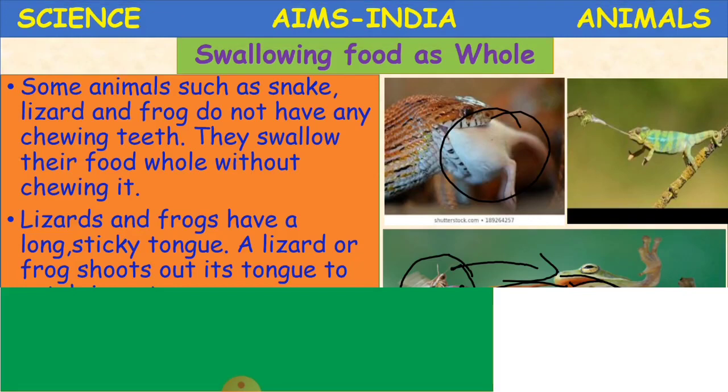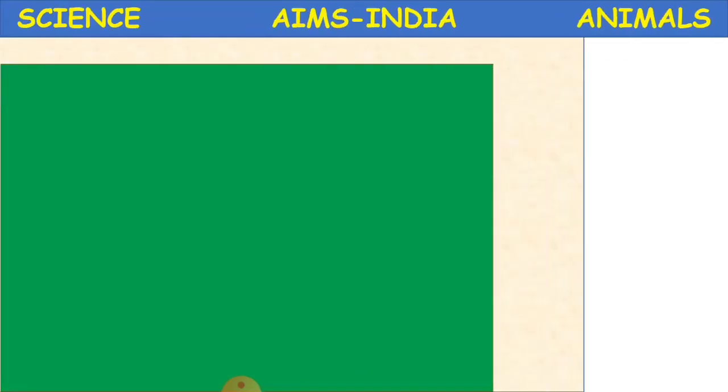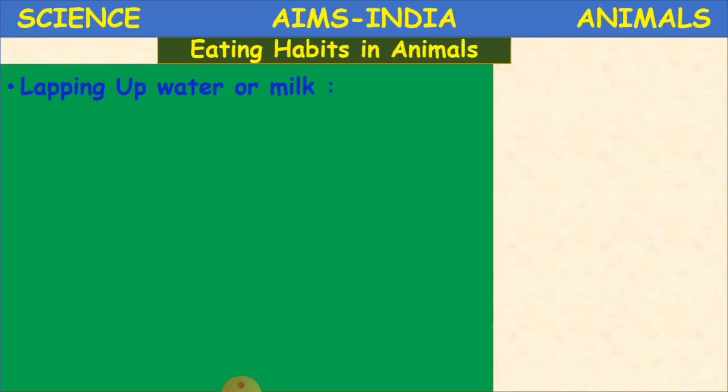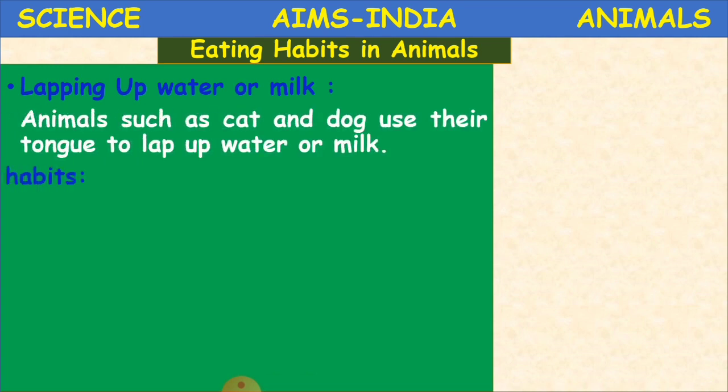Now we will see the other type of eating habits in animals, like lapping up water or milk. Lapping up is nothing but licking, children. Animals such as cats and dogs use their tongue to lap up water or milk.